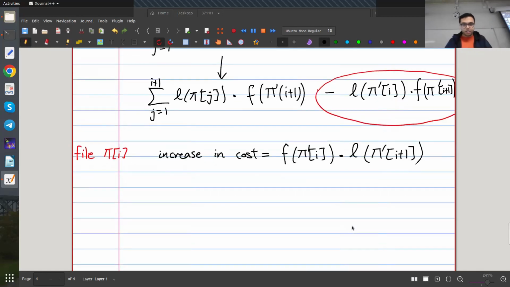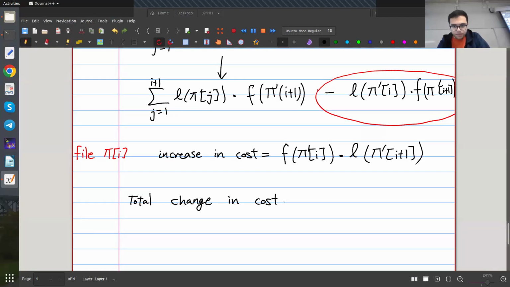Okay. So my total change in cost is just this minus this.